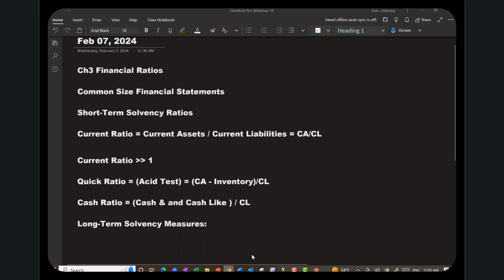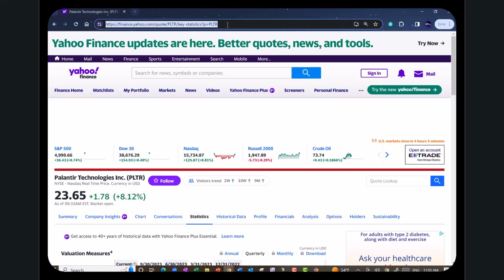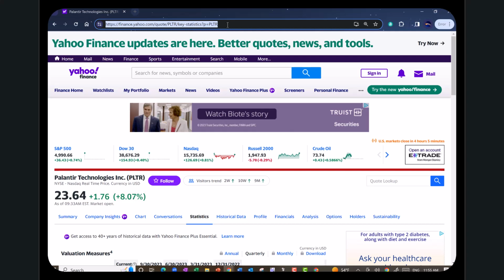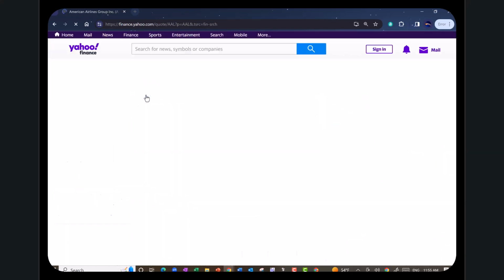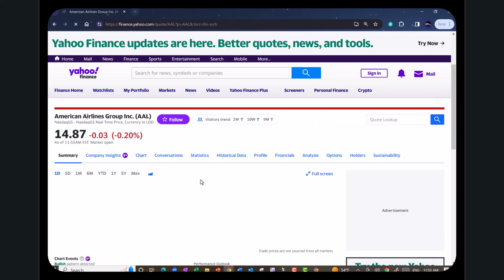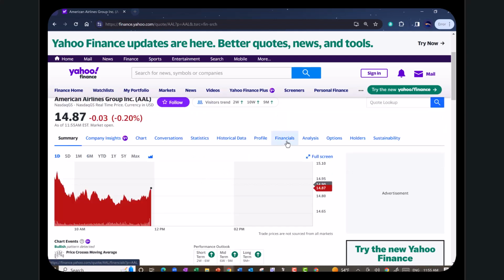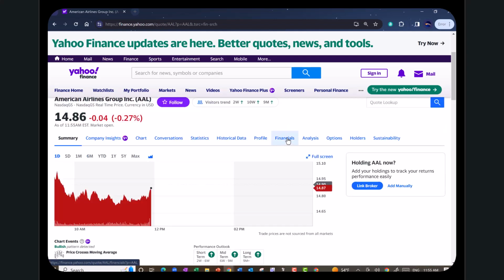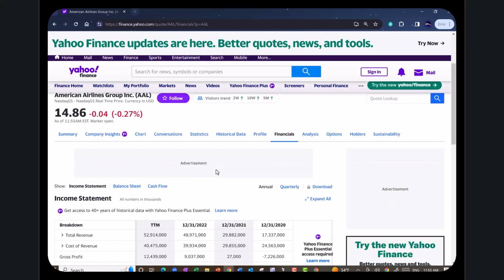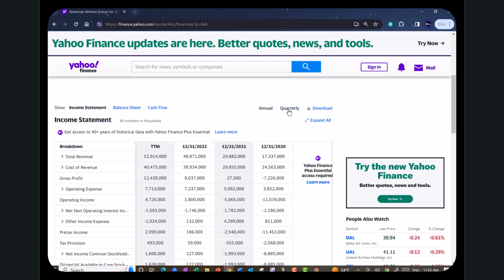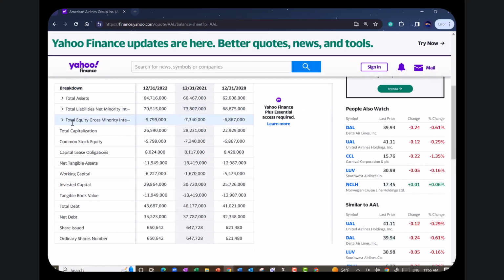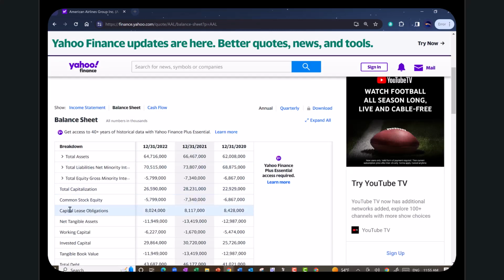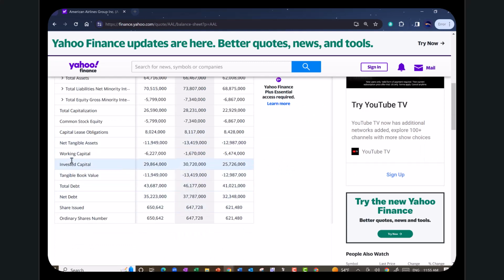Let's look at two companies. One of them is American Airlines. These guys actually have negative equity, but that's neither here nor there. Let's look at the quarterly balance sheet. Let's look at their long-term debt. Total debt, but I want to look especially at long-term debt.